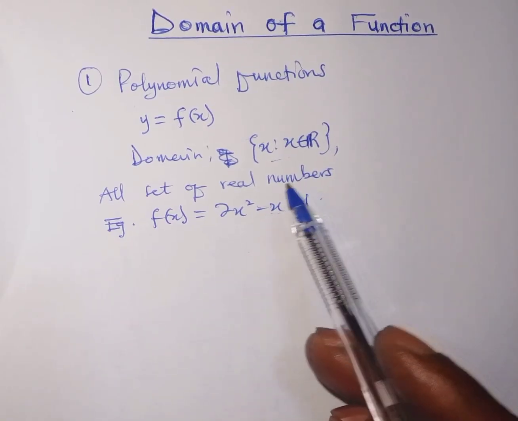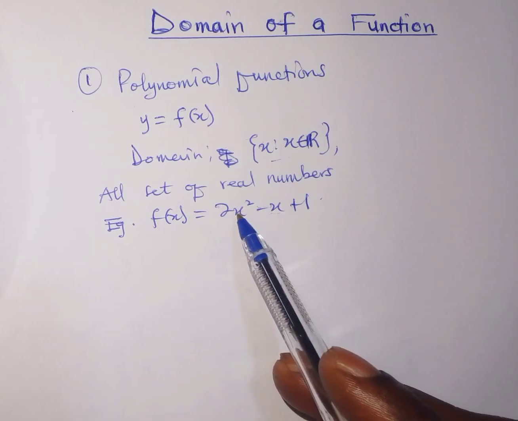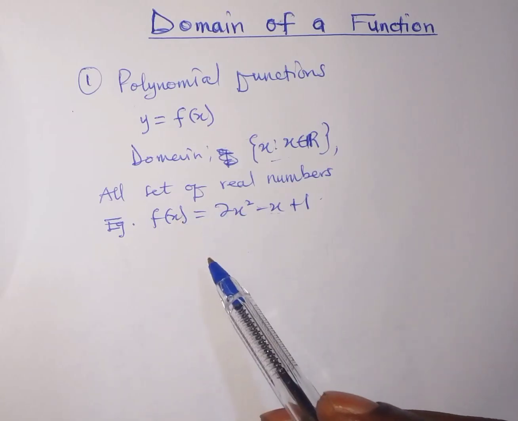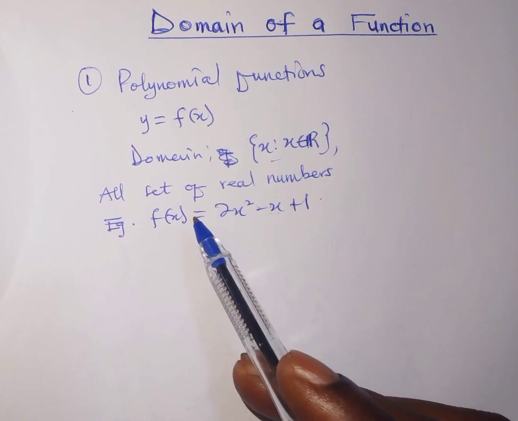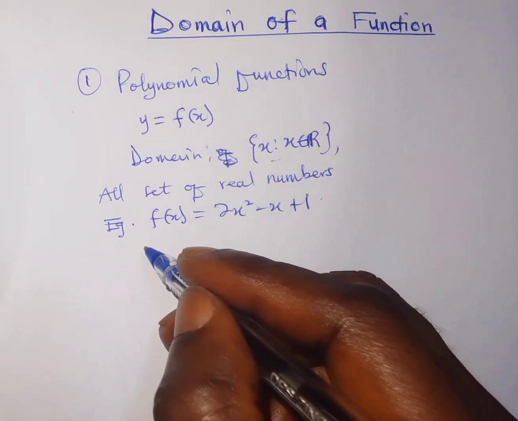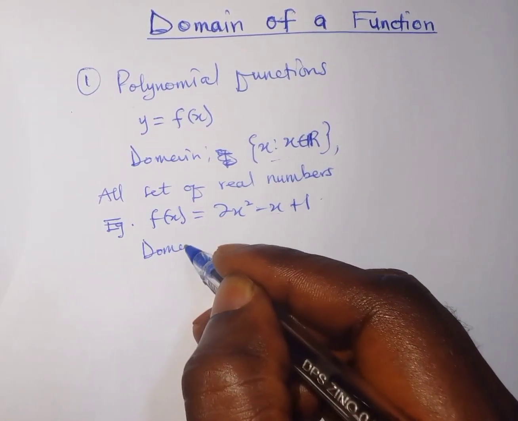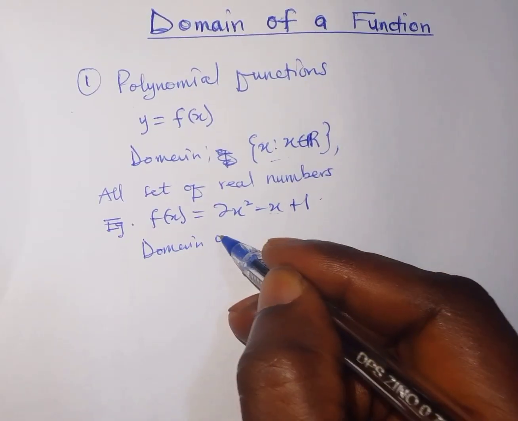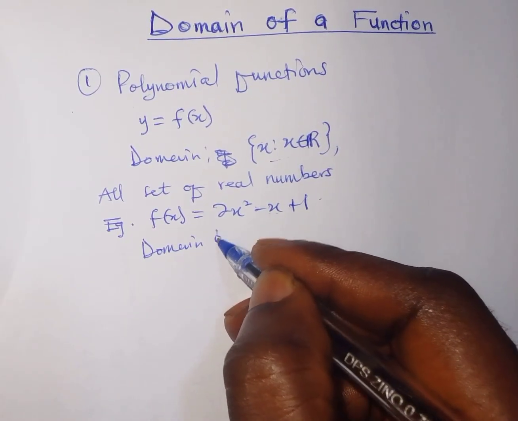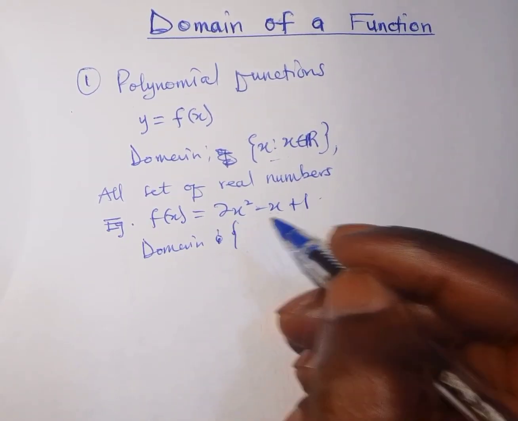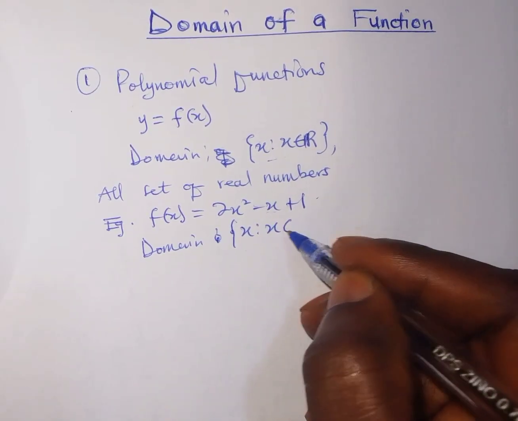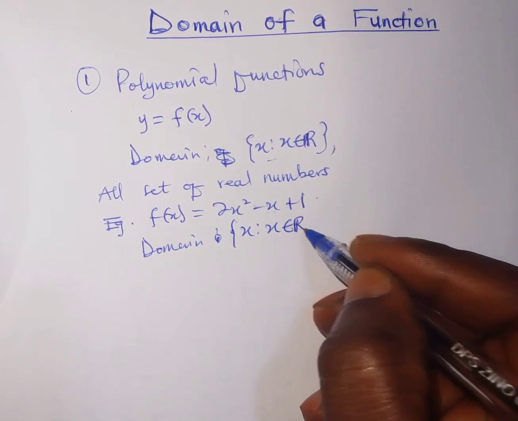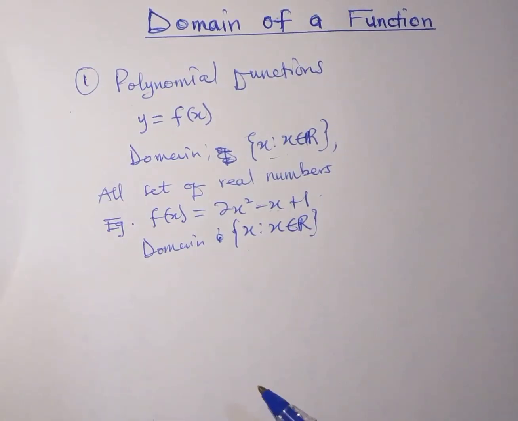We are saying that every real number you substitute, the function will be defined. So if every real number can make this function defined, then the domain of this is x such that x belongs to the set of real numbers. This is just your answer.